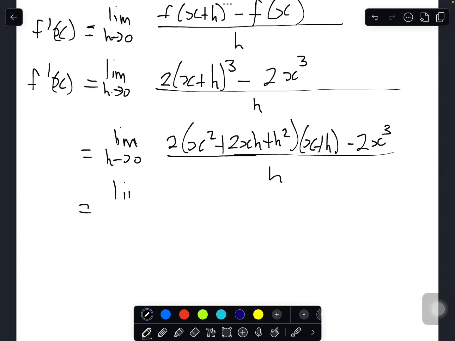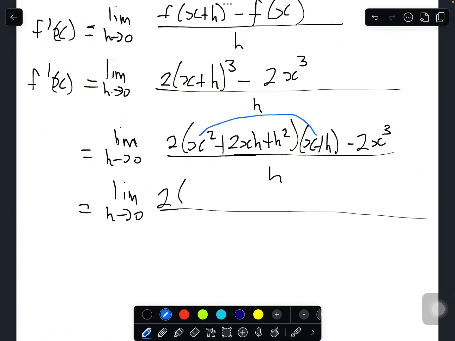I get the limit as h approaches 0 of 2 into, and then I'm going to multiply this out. My first term here, my first term there, second term here, second term there, this term here, and that term there. So let's look at what that's going to look like.